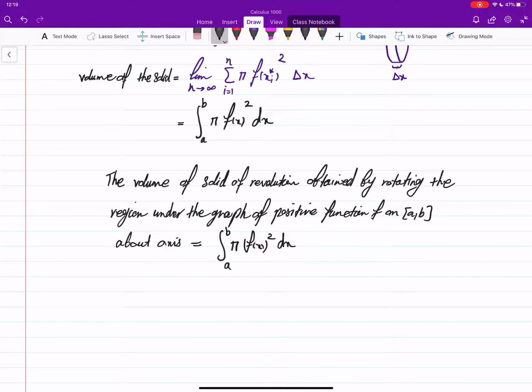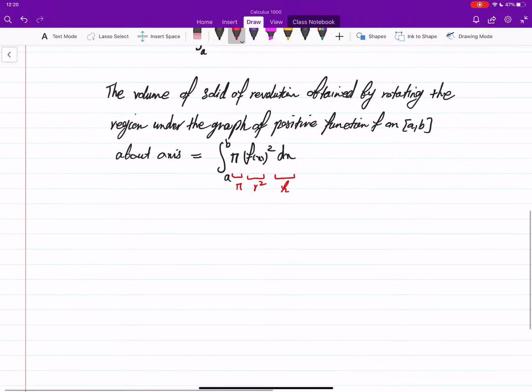The best way to remember this is the area of the base, the area of a circle of radius f of x, pi r squared. Remember this. Pi r squared, and then delta x is the height of the cylinder.